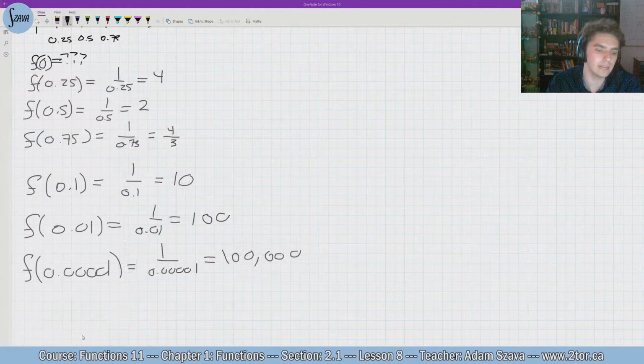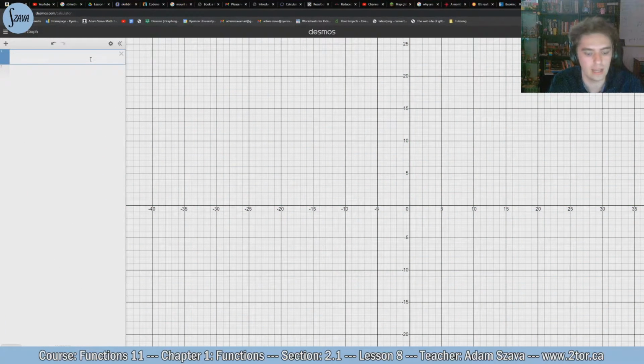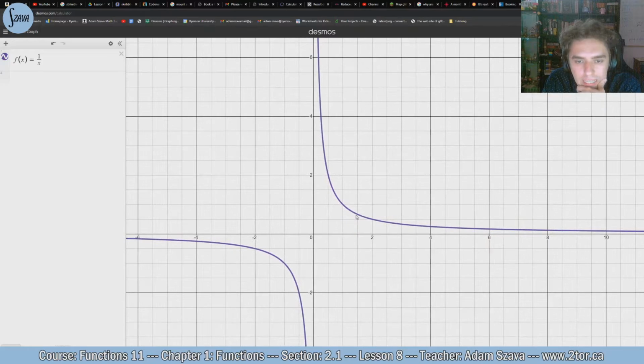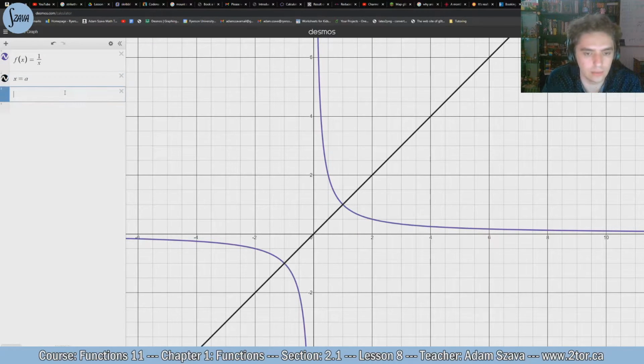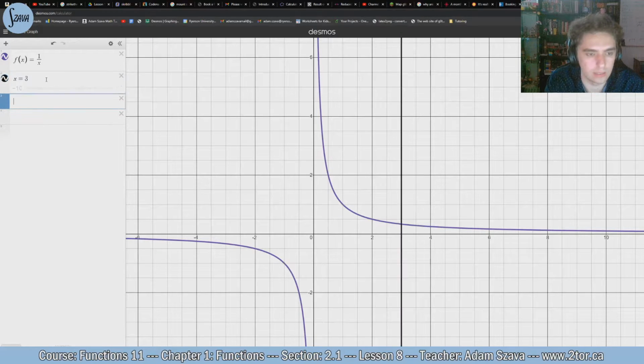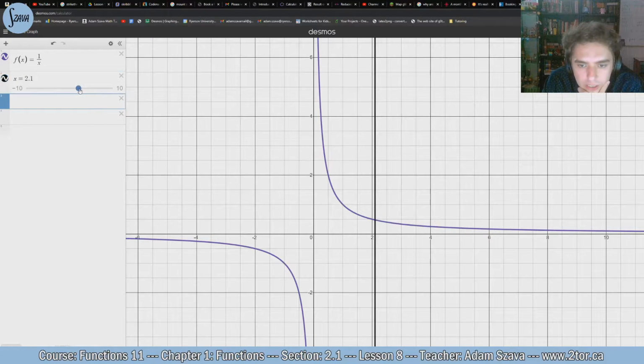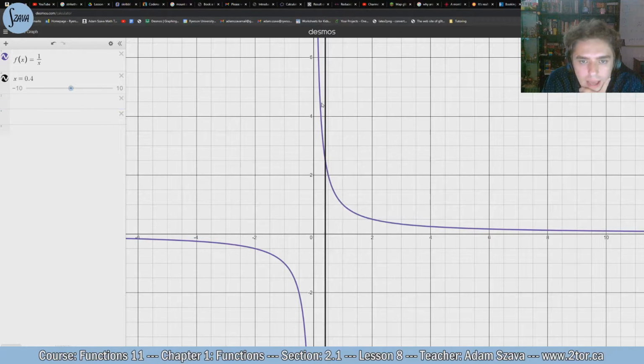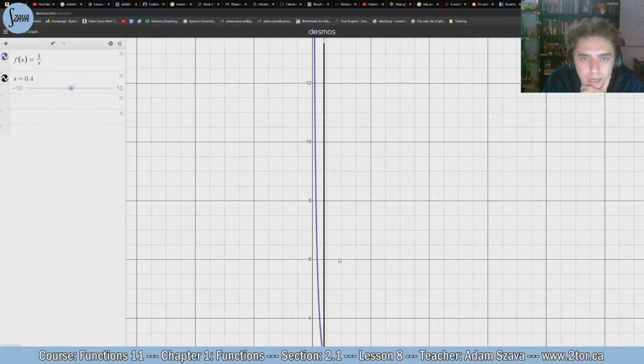And so we can see if we were to graph this function, f of x equals 1 over x, as the x value gets closer and closer to the y-axis, the output value shoots up farther and farther.